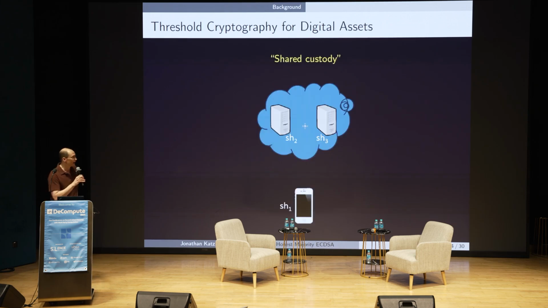So the first is what I call shared custody, where essentially the user, represented by the cell phone down at the bottom of the slide, is retaining one share of their key and storing other shares with some other company or possibly companies that will then have to interact with the user in order to produce a digital signature.